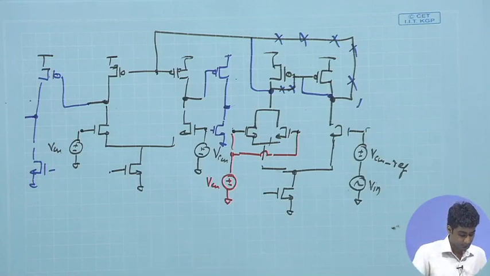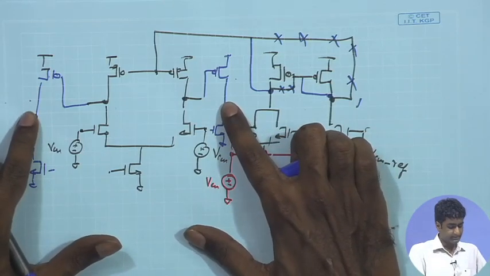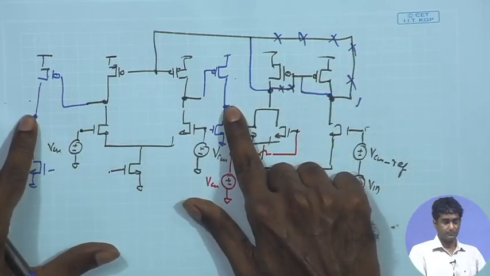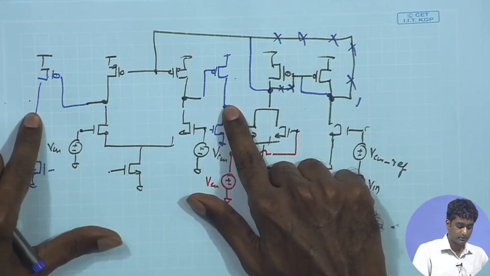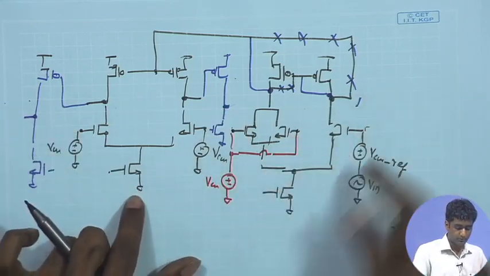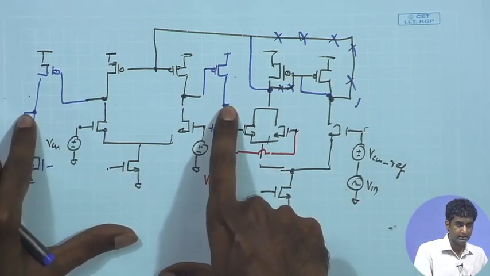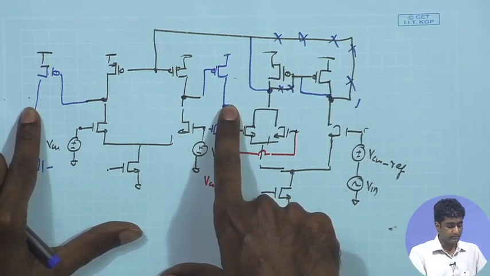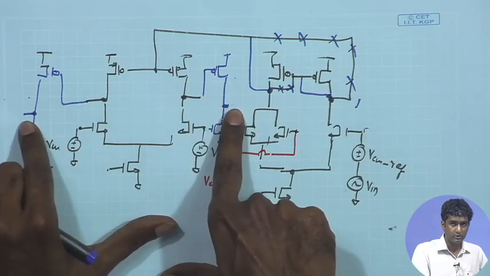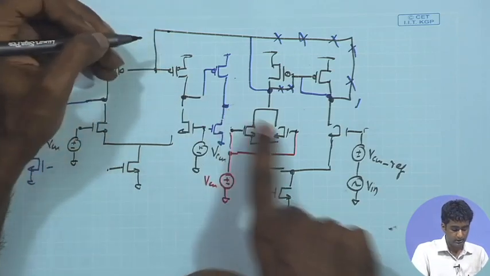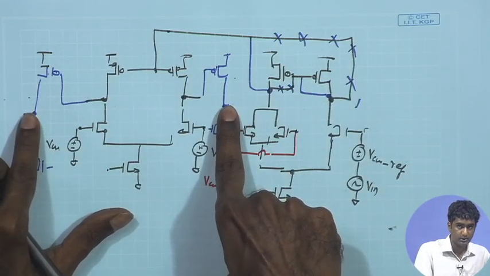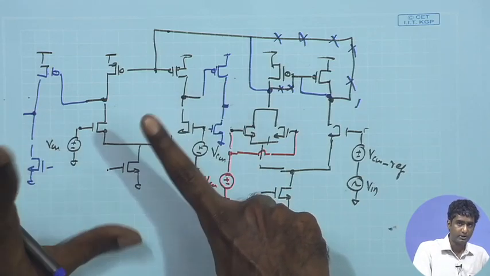In this case, if you are using two stages, and there also ultimately when you open the loop using the second scheme that we discussed, you would like to maintain the output common mode at the same point, and in that case it may become a little bit more challenging because the gain from here to here is large, and you are applying a signal over here, and you want to make sure that the output DC point over here is close to the common mode point that you expect.